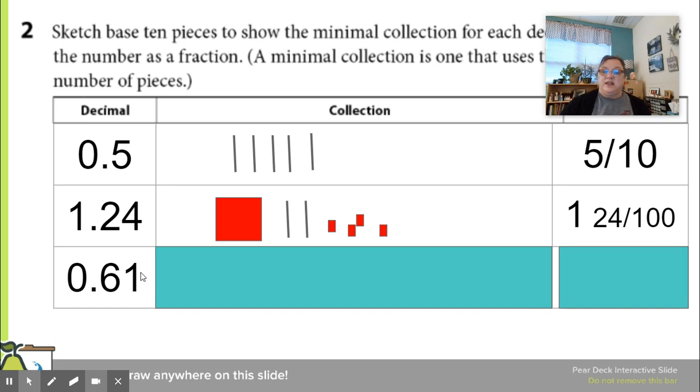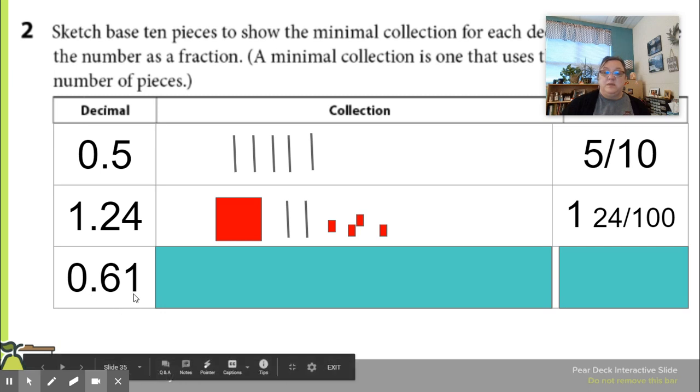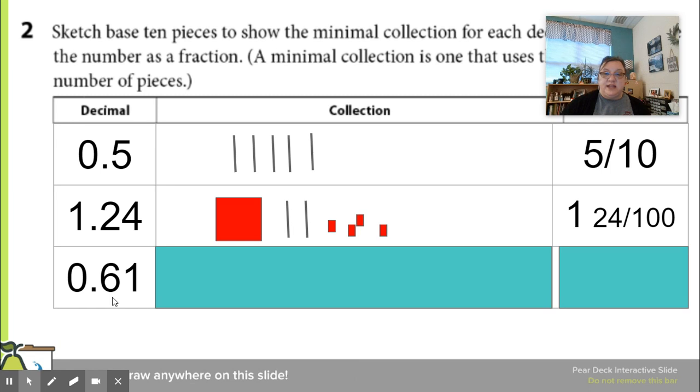All right, last one on this page, 61 hundredths. But remember, don't draw it all in hundredths. You've got 6 in the tenths place. You have 1 in the hundredths place. So that's how you should draw it. Draw your tenths, then draw your hundredths. Got it?